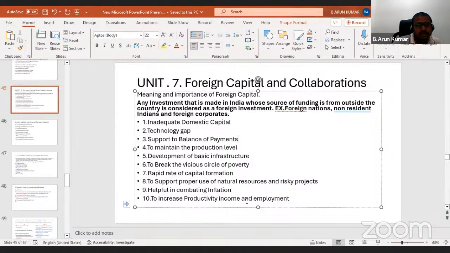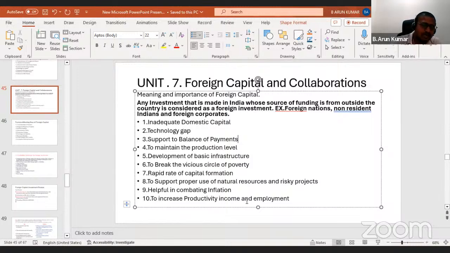Through foreign investments, we maintain sufficient raw materials, work-in-progress goods, and semi-manufactured goods. We purchase from different countries, and we pay the money through foreign currency. So to maintain the optimum production level, this foreign currency is important.